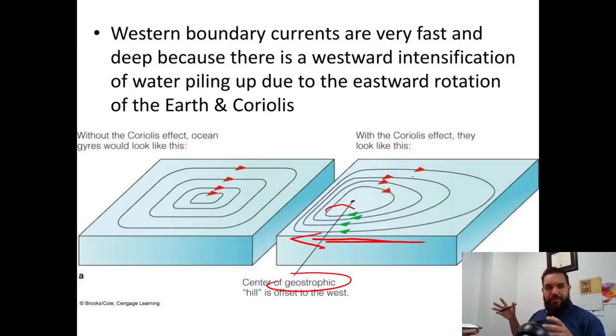Remember, that constant, prevailing wind of the trade winds builds up the water and creates a hill of water that would exist right here. So you get this mound of water built up on the western side of the gyre, and that ends up pinching the current into a narrower stream. So that's another reason that you get the western intensification.